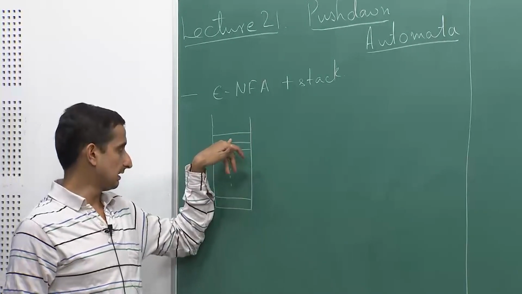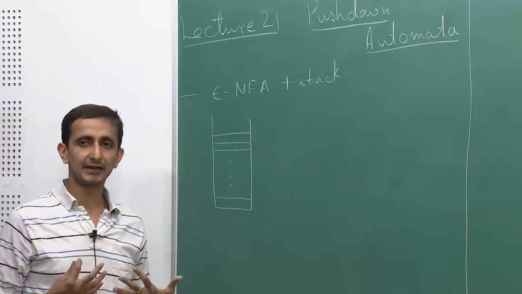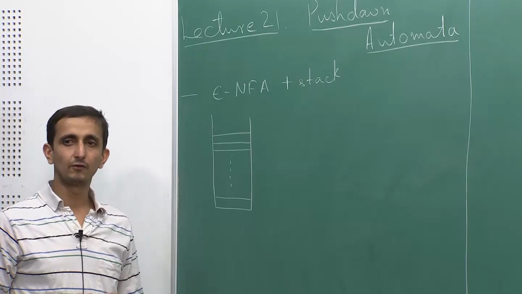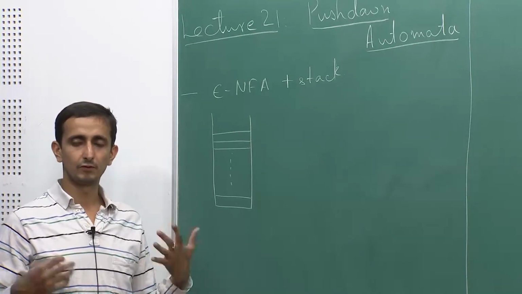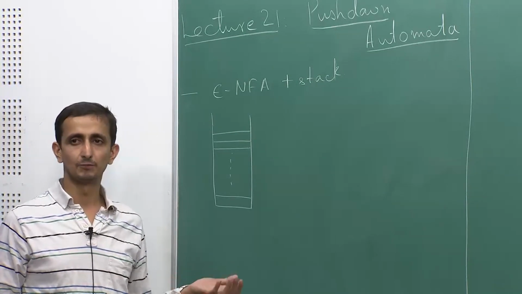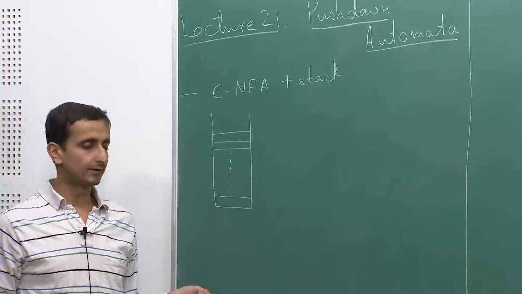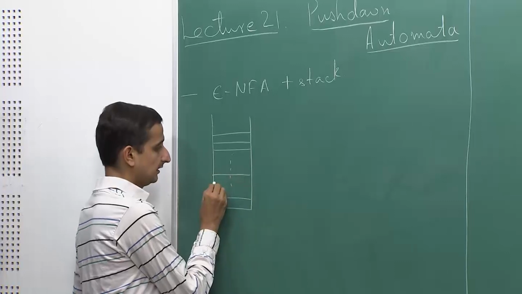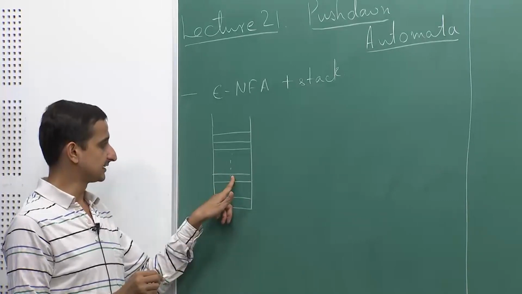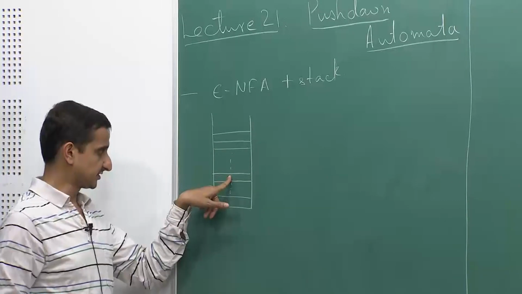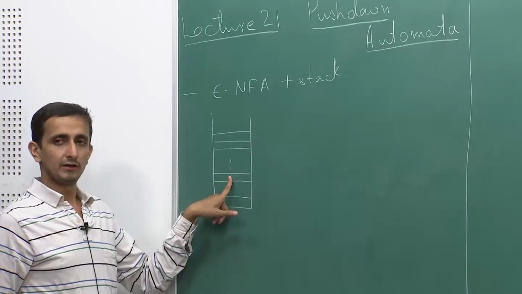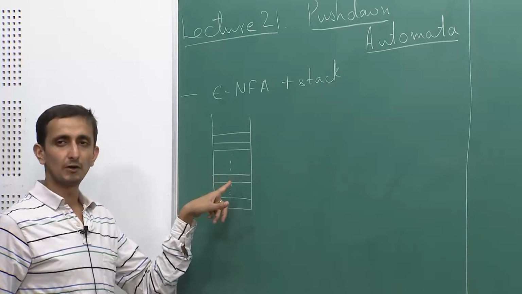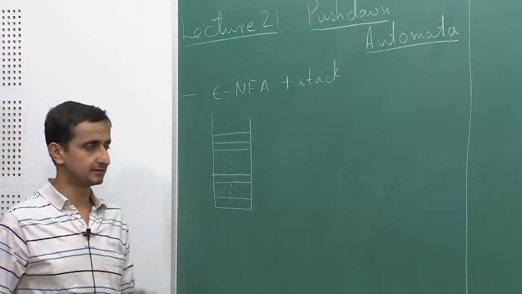If I want to add an element, I can only add it to the top of the stack, and if I want to access an element, I can only access the topmost element. If I want to remove it, I can only remove the topmost element. In other words, if I want to access an intermediate element contained in a cell much below, I have to pop out all the elements from the top to be able to access it.